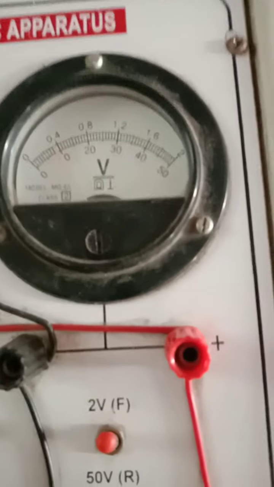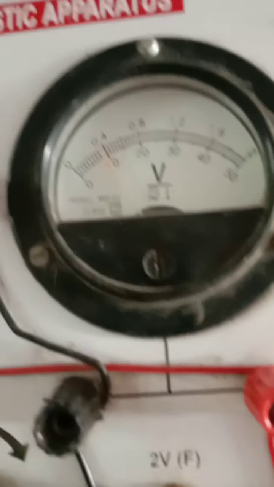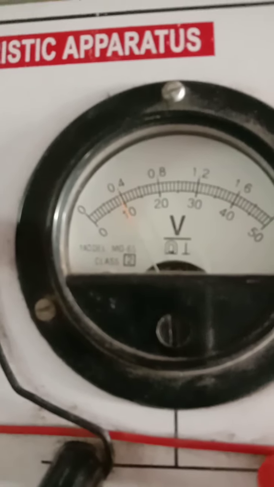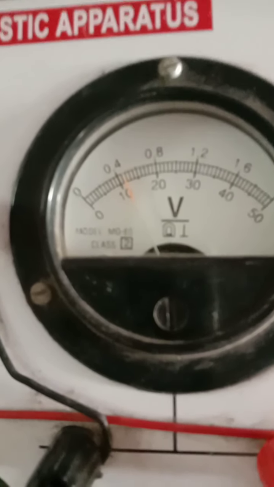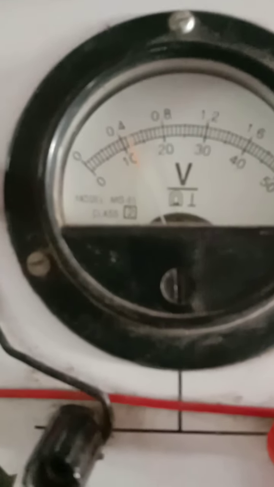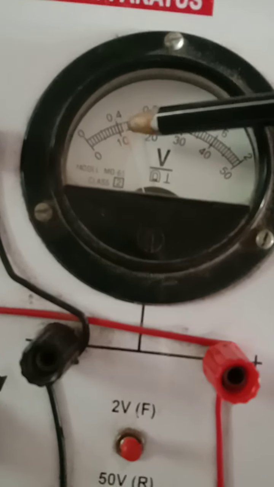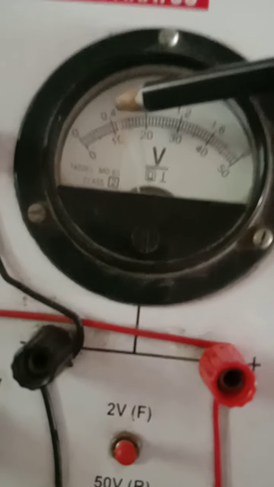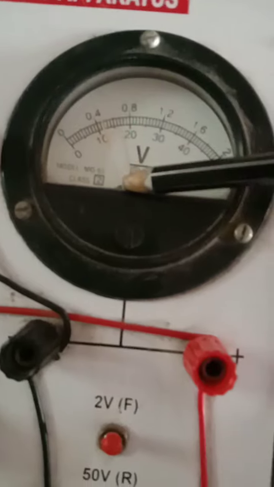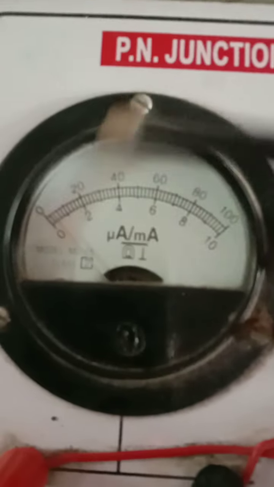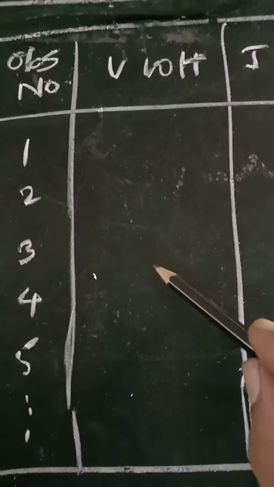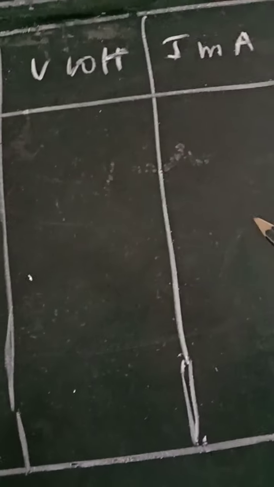Again we rotate this knob so that the pointer moves further. Suppose the pointer coincides with the 10th division. Its value is 0.4 volt, but the current shown is still 0, so the next reading is 0.4 volt and current 0.